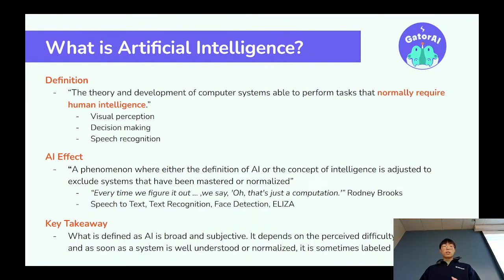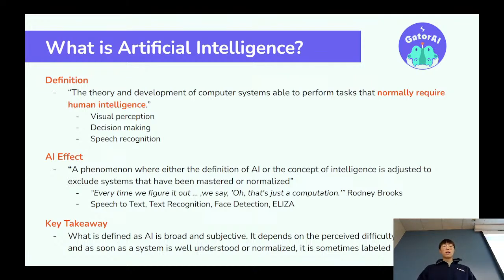For example, in the past, path finding was considered to be artificial intelligence. Things like Dijkstra's algorithm and A star were considered to be artificial intelligence because pathfinding was deemed to be something that required human intelligence. Nowadays, you really wouldn't consider those to be artificial intelligence. Those are just algorithms for pathfinding.